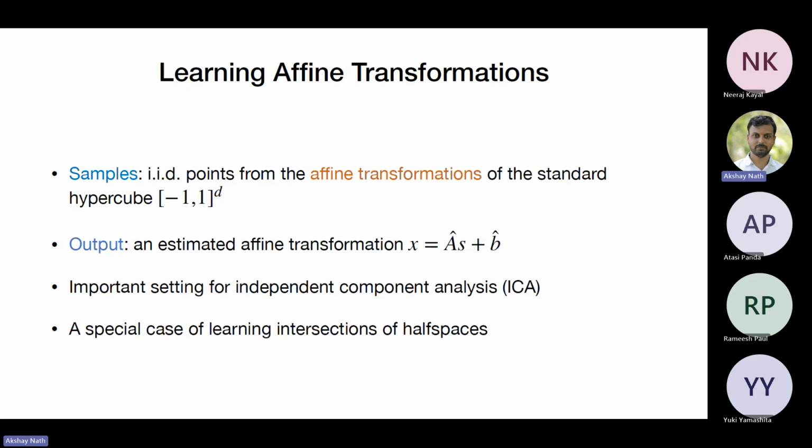So we want to learn the affine transformations because, first, this is an important setting for independent component analysis, or ICA. We are trying to find all the independent components, in this case the coordinates of cubes. And this is also a special case of learning intersections of half spaces or polytopes.